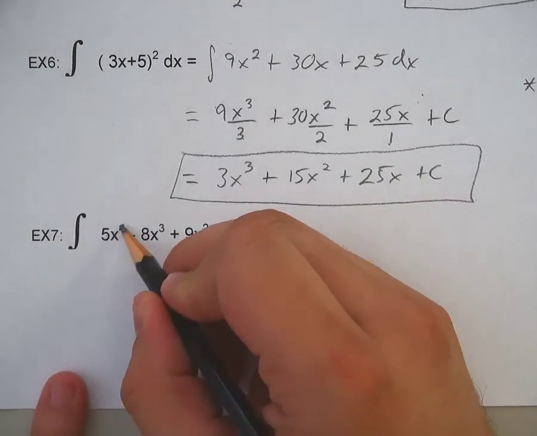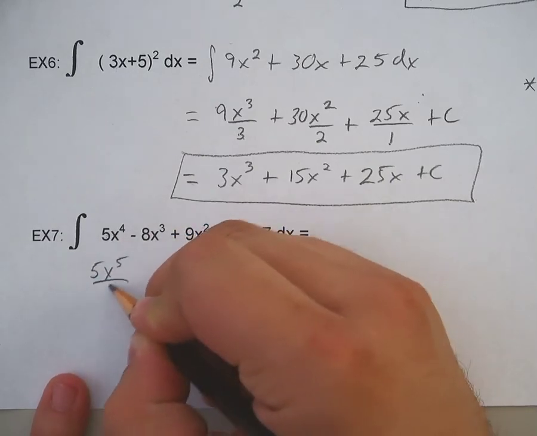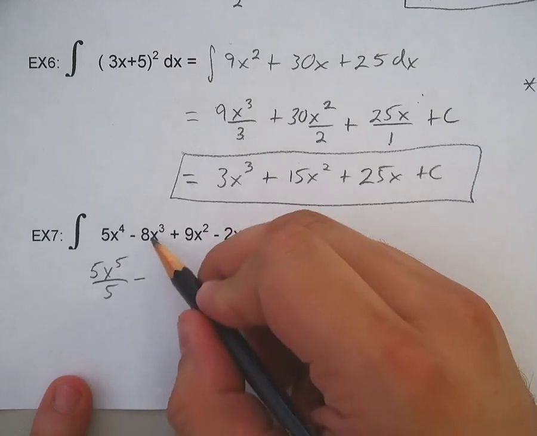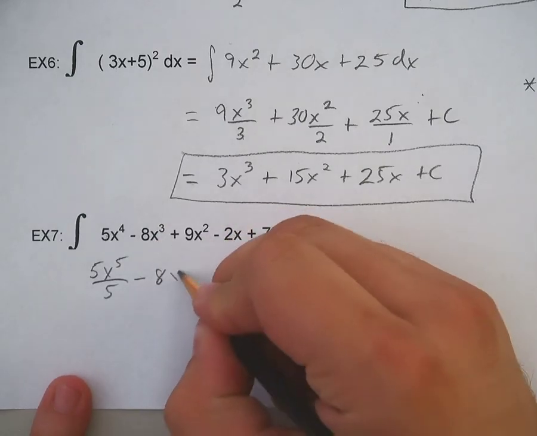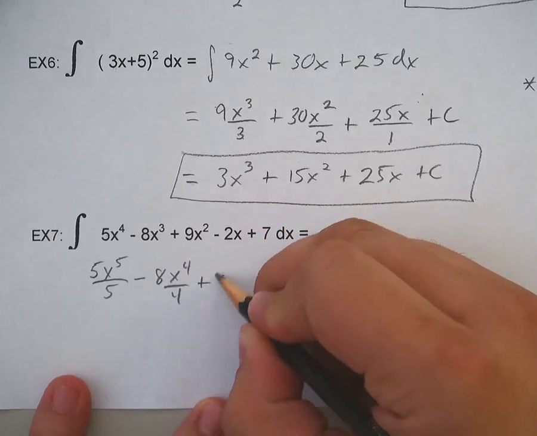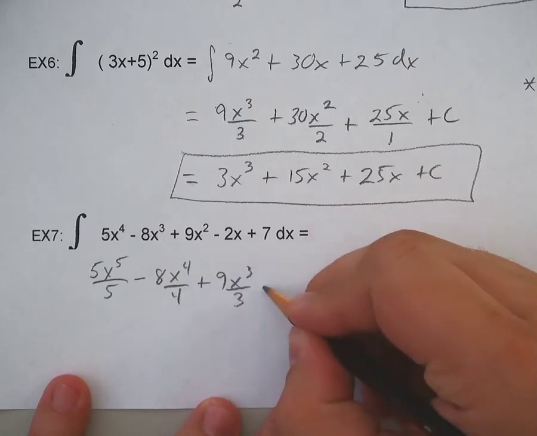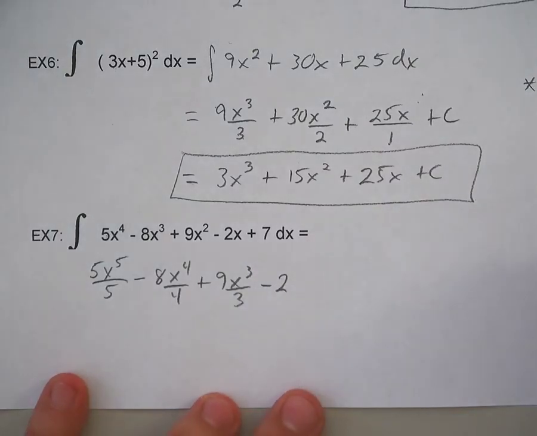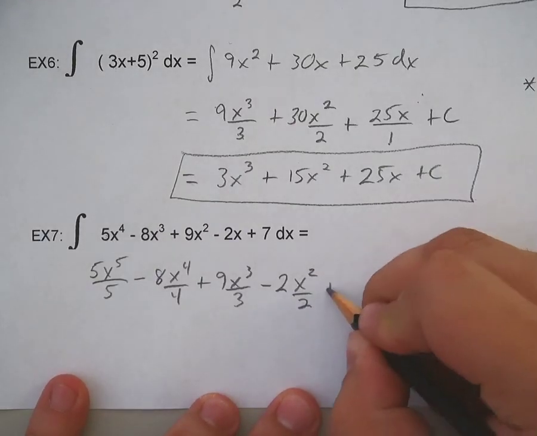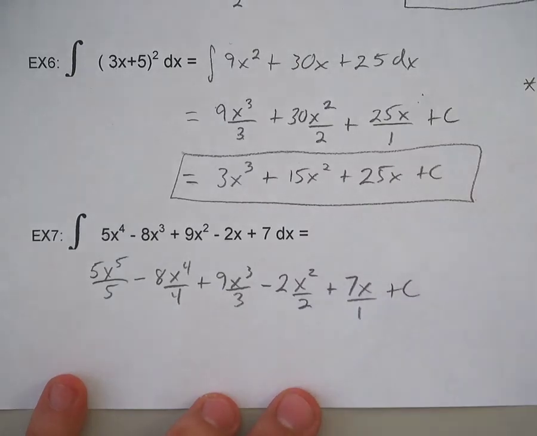We've got 5x to the fourth, so this will be 5x to the fifth over 5 minus, we've got 8x to the fourth over 4 plus 9x to the third over 3 minus 2x squared over 2 plus 7x over 1 plus c.